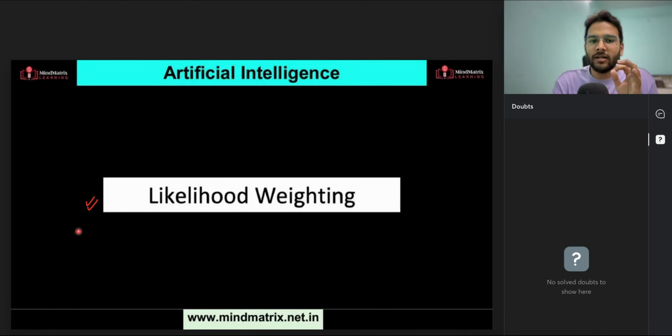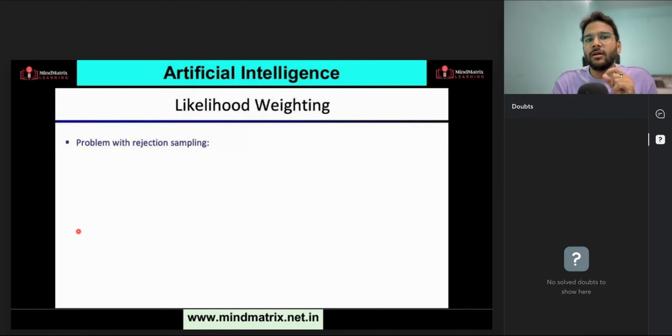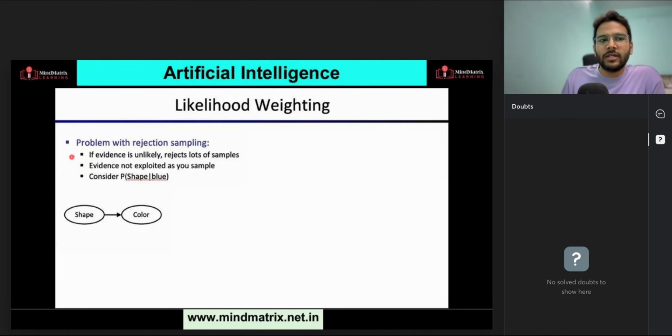So let's understand the problems in rejection sampling. You can have these types of problems. What if the evidence is unlikely? If whatever evidence you have is unlikely, then it may be possible that you will be rejecting a lot of samples. Yes or no?